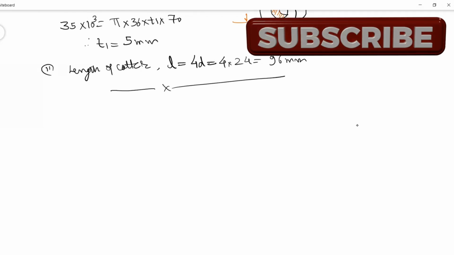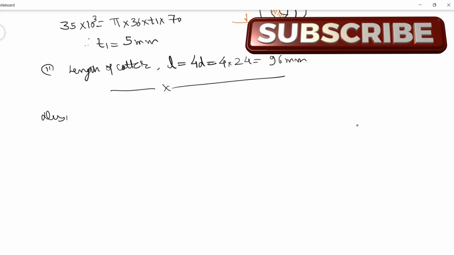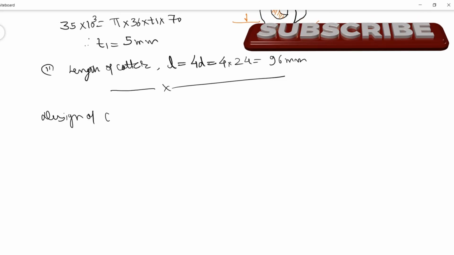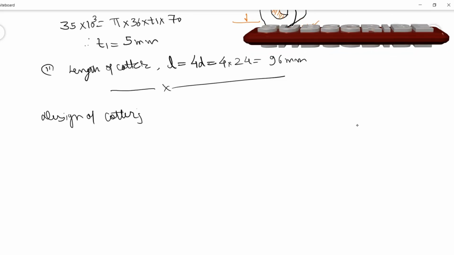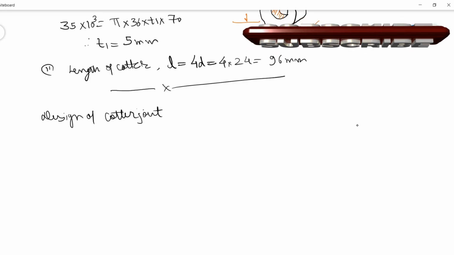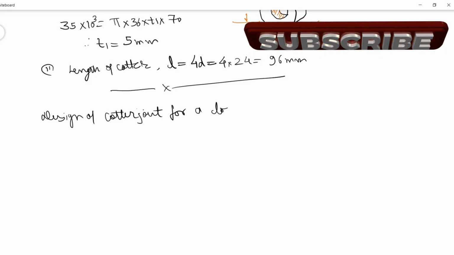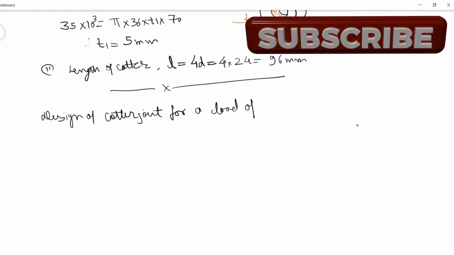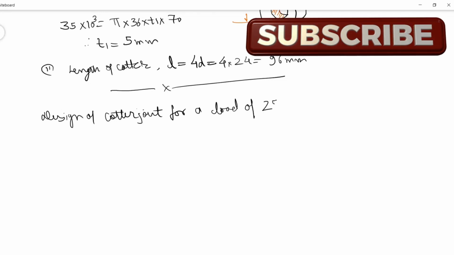The question given is like this. Design a Cotter joint for a load of say 25 kilonewton.